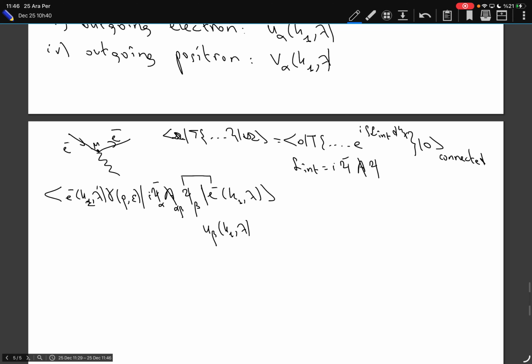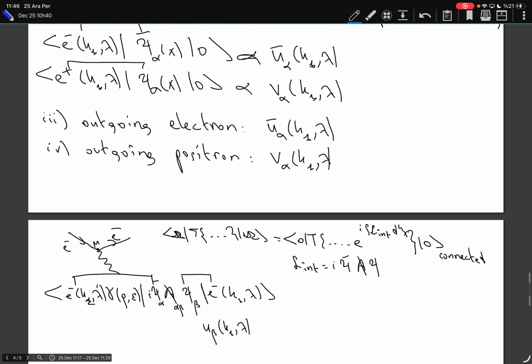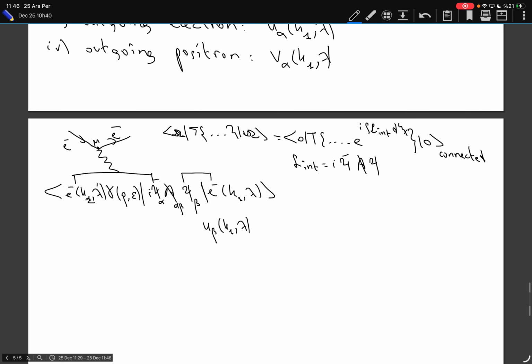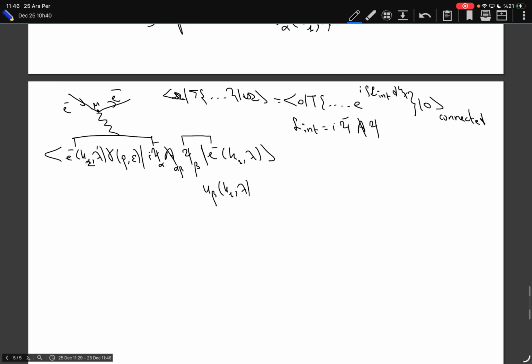The psi bar will be contracted with the outgoing electron, which will give me a u bar, this time with index alpha. A will be contracted with the photon; the outgoing photon will just give me epsilon mu star. What is left is just i gamma mu alpha beta.